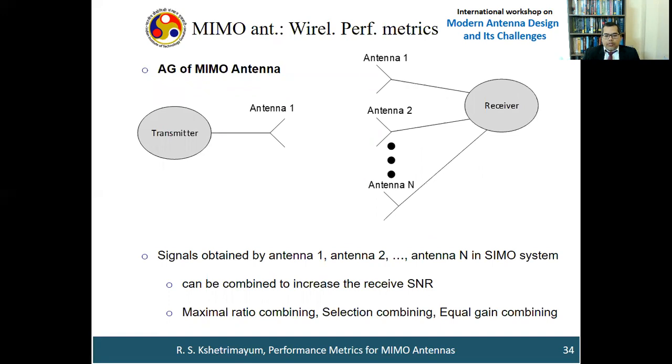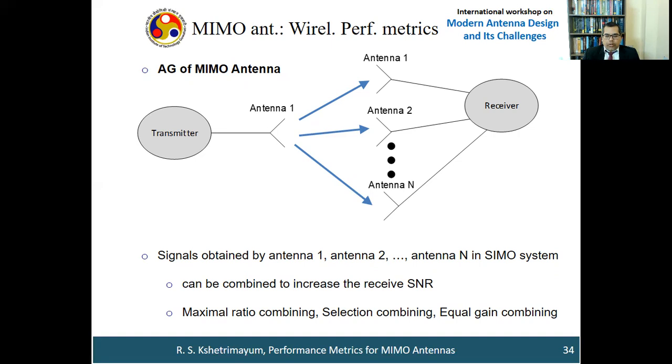Okay, so let's consider a simple case of a MIMO system. We have one single antenna at the transmitter, and we have multiple antennas at the receiver. This is called a single input, multiple output system. Since the signal we are transmitting from antenna 1 of the transmitter can be received by multiple antennas at the receiver, antenna 1, 2 to antenna N, we can actually combine those signals received by multiple antennas at the receiver.